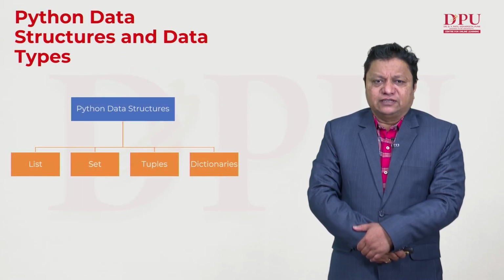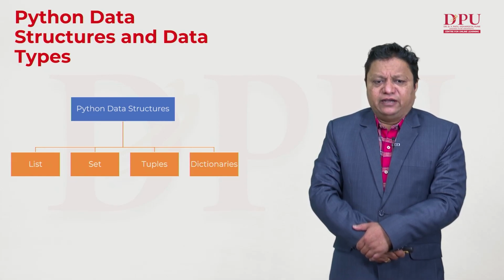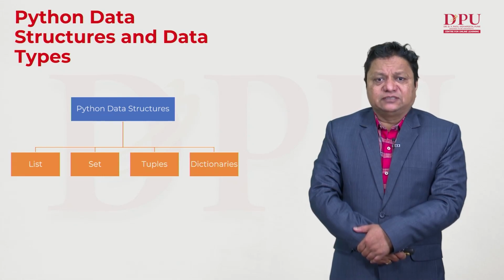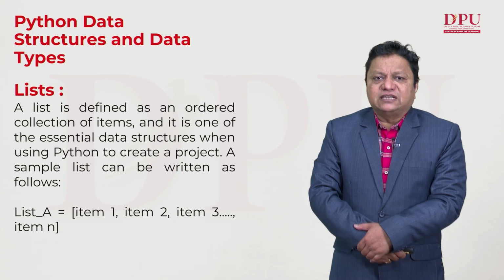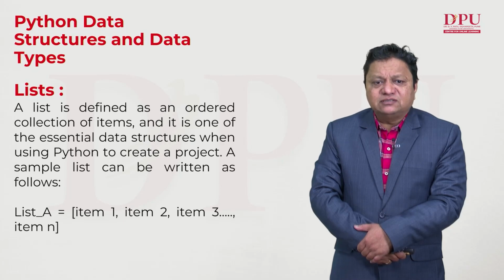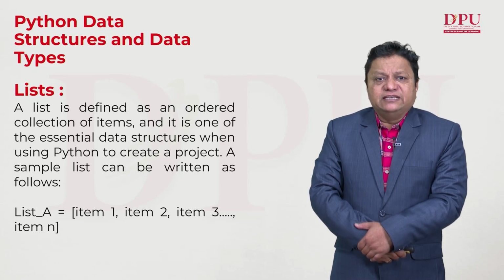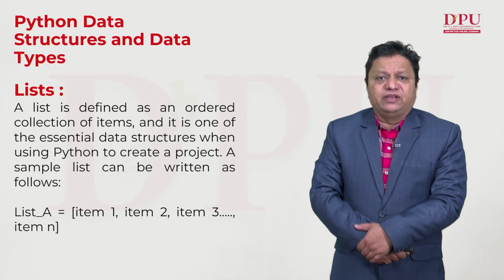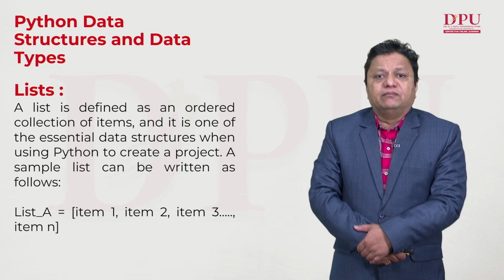Let us start with the first topic of this session, that is Python data structures and data types. So basically you will find 4 types of data types in Python, that is list, set, tuples and dictionaries. Let us visit them one by one. First, list. List is defined as an ordered collection of items, and it is one of the essential data structures when we are using Python for creating a project or for writing a program.